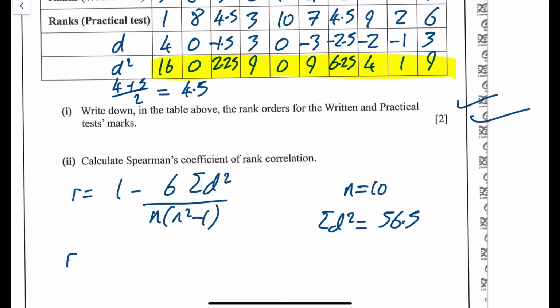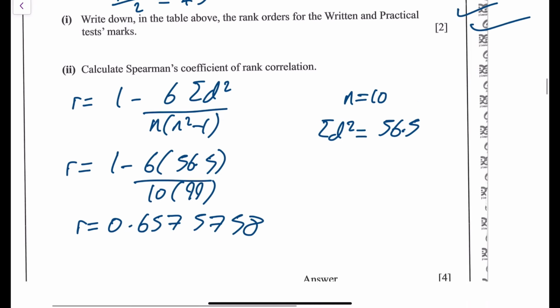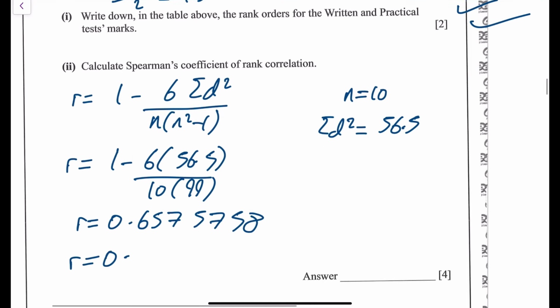So my R then is equal to 1 minus 6 times 56.5 all over 10 times 10 squared, which would be 100, minus 1 is 99. And that means R works out to be 0.657758. Then your R is equal to 0.66 to 2 decimal places.